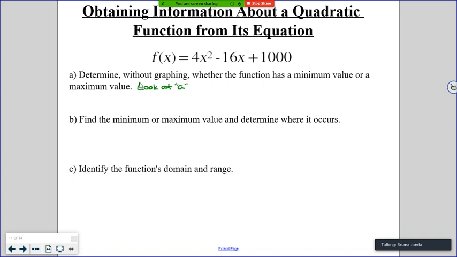Look at a. Our a is 4. That is bigger than 0, which means it opens up. So think about that little picture. If it opens up, now answer the question: do we have a maximum or a minimum? Minimum, right?